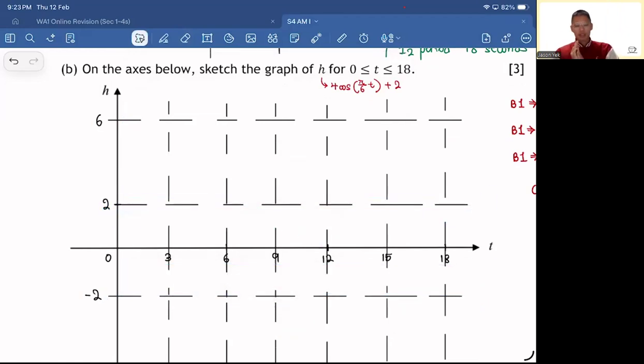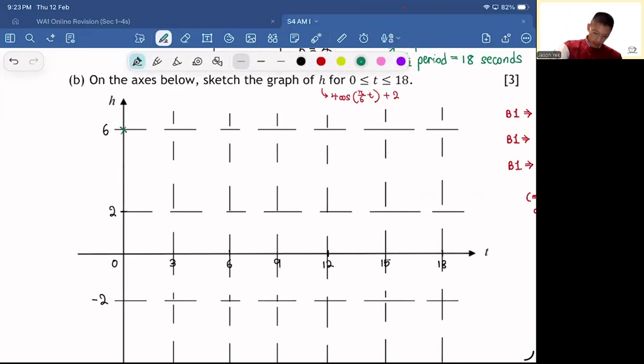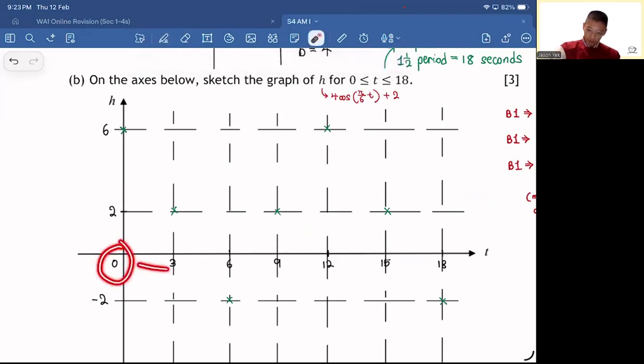Over here. Then after that, you take your calculator, plot your points if you're not sure of the shape. If you're sure, we know it will start from here, middle, down, middle, up, middle, down. If you are not sure, take your calculator. 0, put inside here. 4 cosine 0 is 4 times 1. 4 plus 2, 6.